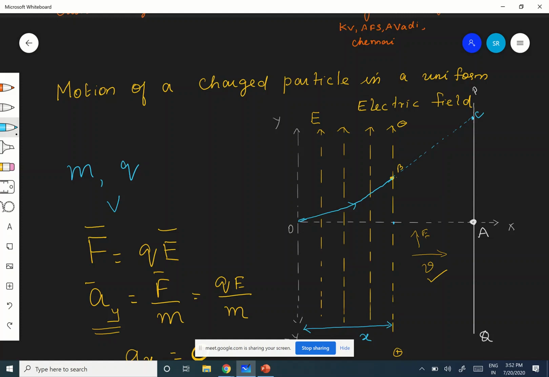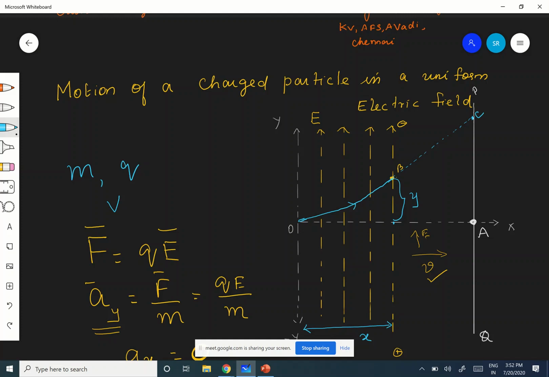Okay, so now what is the vertical distance covered? Before that it was only covering the horizontal distance. Now it is covering a vertical distance also. So because of the electric field, what is the vertical distance covered? This is the vertical distance covered. Correct? You cannot say AC is the vertical distance covered, because it is just for extending or extrapolating.